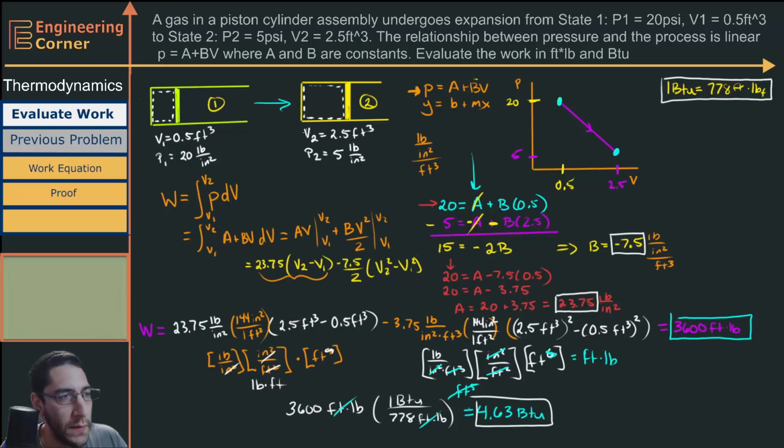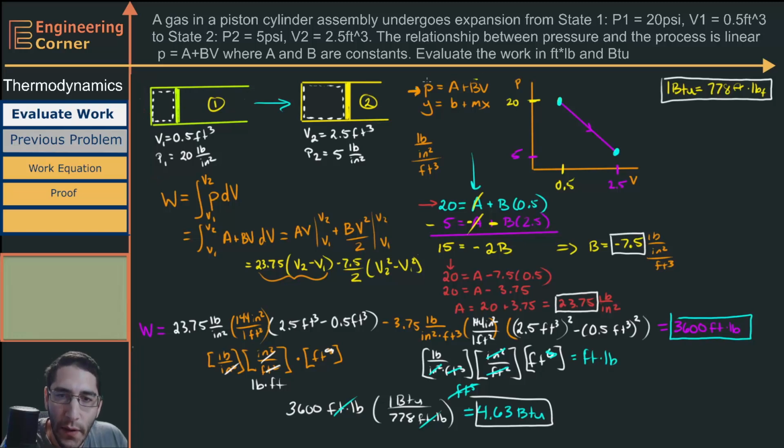We were told the process is linear, and we wanted to evaluate the work in foot-pounds, and in the last example, BTU. So first we drew out all our states and the problem.